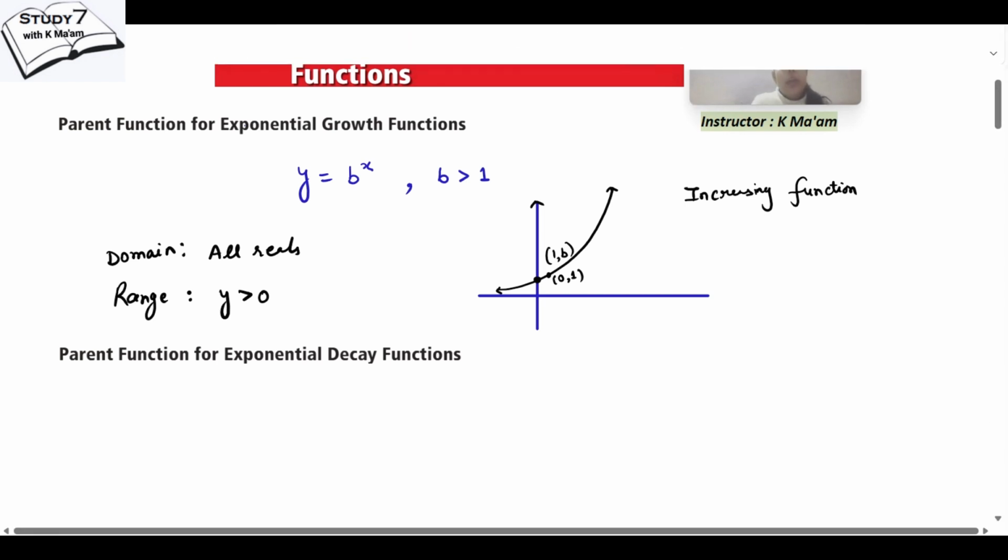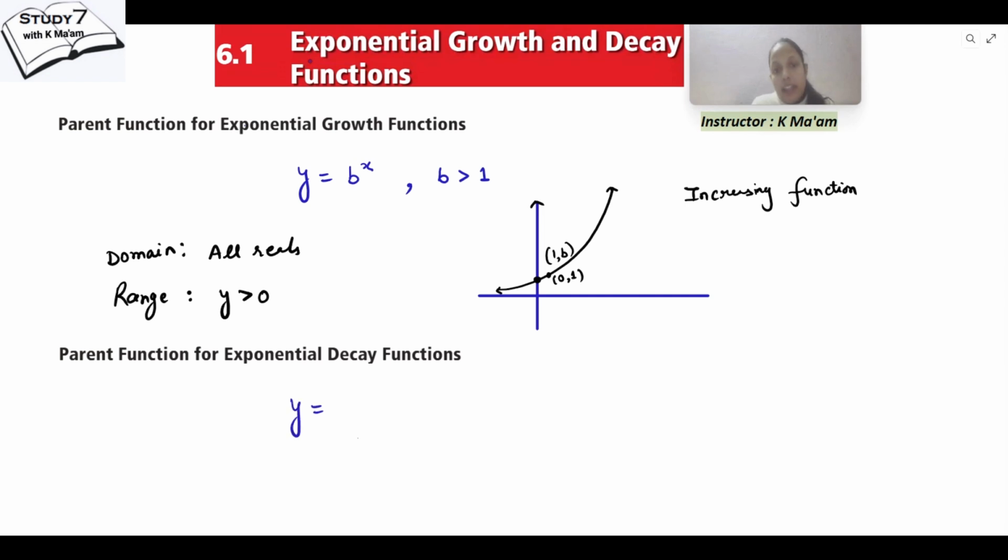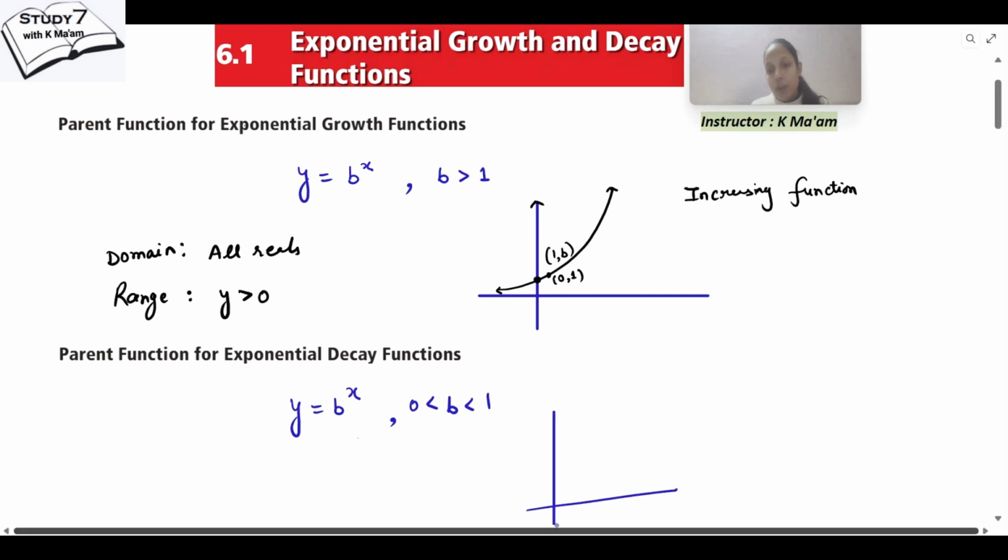Next is the exponential decay function. In the decay, y equals b to the power x. Then what is the difference? The difference is in the b value. B lies between 0 and 1. If b lies between 0 and 1 and the function is b to the power x, it's an exponential decay function. And how does the graph look?